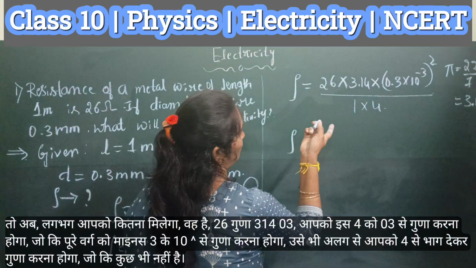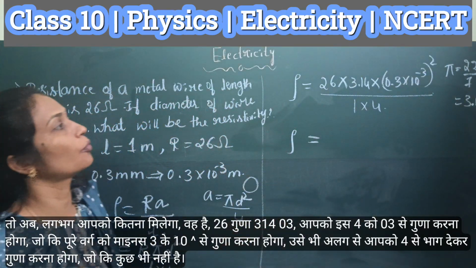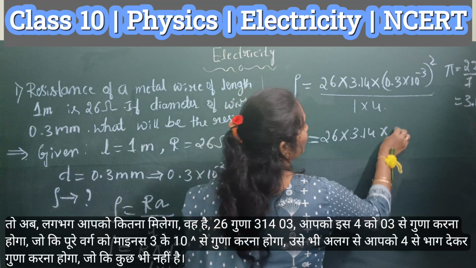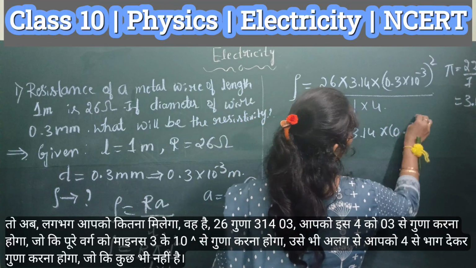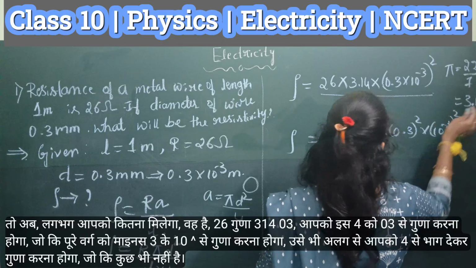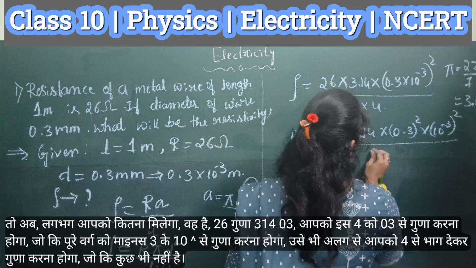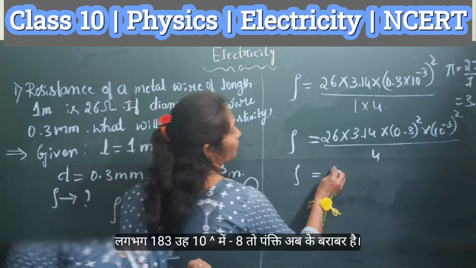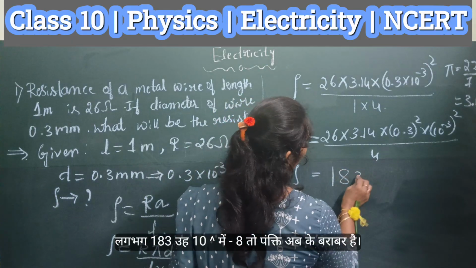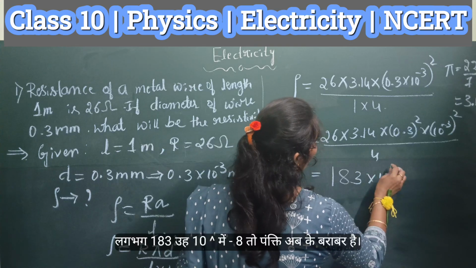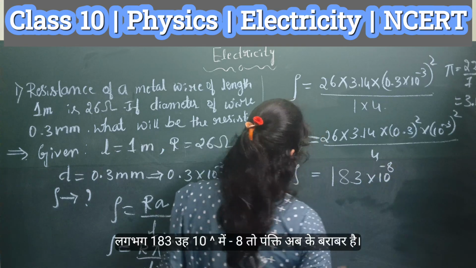That is 26 into 3.14, 0.3. You have to multiply 4 into 0.3, that whole square, into 10 to the power of minus 3, separately multiplied, divided by 4, which is approximately 183 into 10 to the power of minus 8.